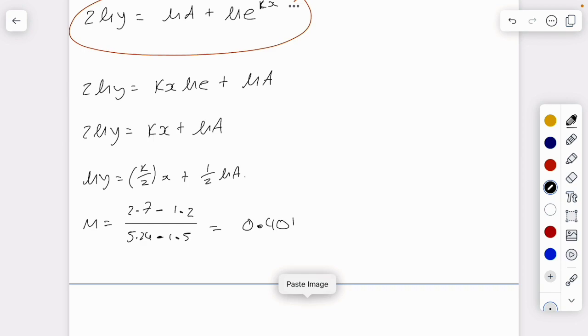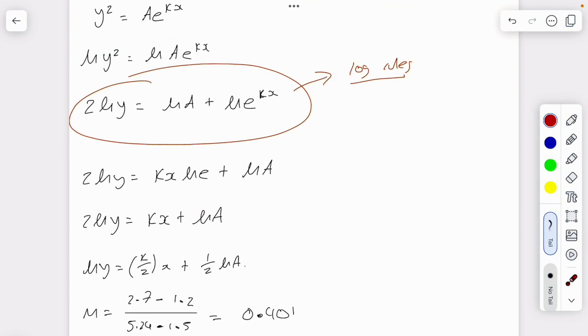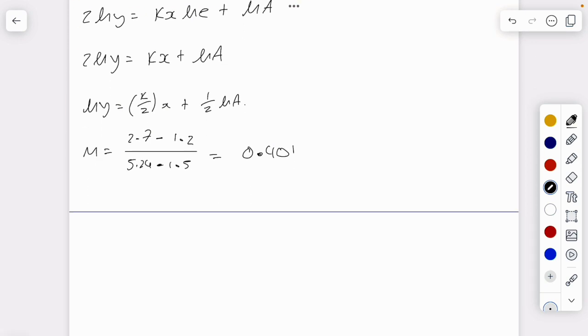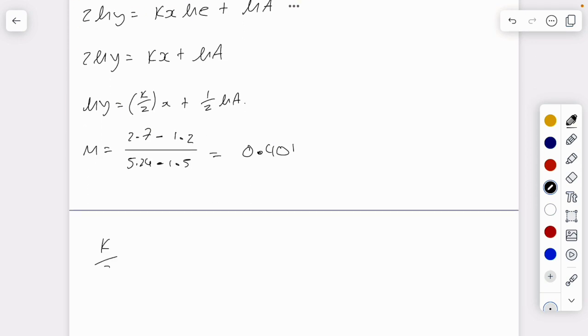Cool. Brilliant. So now what we've got, guys, is we've got m, but we've also got m here. Now remember, k is a constant. So we're going to say, fine, well, k over 2 equals 0.401.